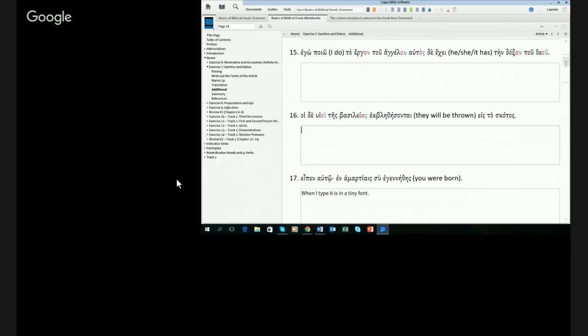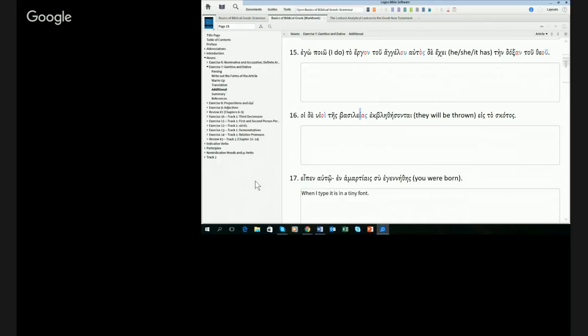Alright, so 16. Hoi de huioi. Notice again, de so strongly wants to be second that it's happy to split hoi from huioi, even though hoi huioi belong together. Hoi huioi. Second declension. Iota is the nominative plural ending. It's also the dative singular ending, but the dative singular subscripts. So this is nominative masculine plural, the sons, tes basileias, of the kingdom. Notice basileia is another of those nouns in which its first declension, I can see the alpha stem vowel.